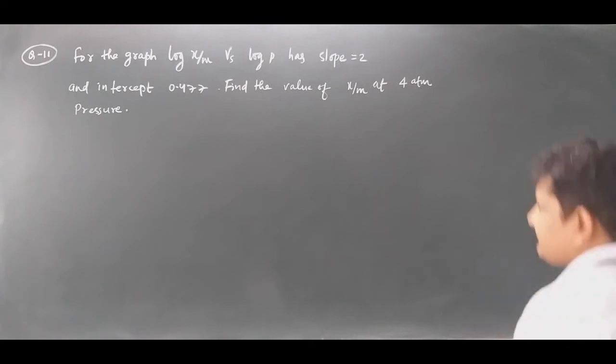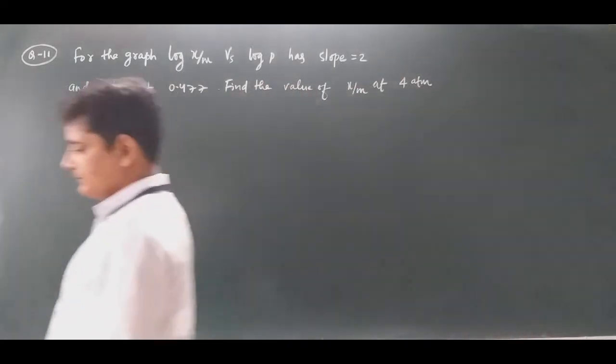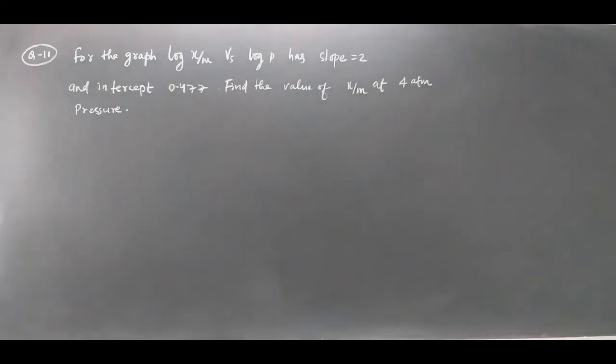So here we have another question, and the question is that for the graph x by m versus log p, the slope is equal to 2 and the intercept is equal to 0.477. Find the value of x by m at 4 atm pressure.